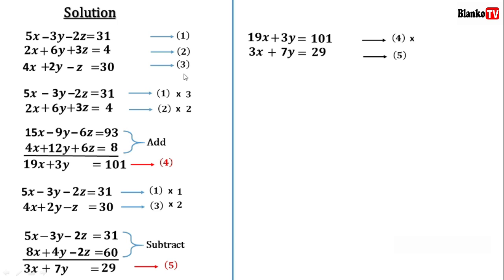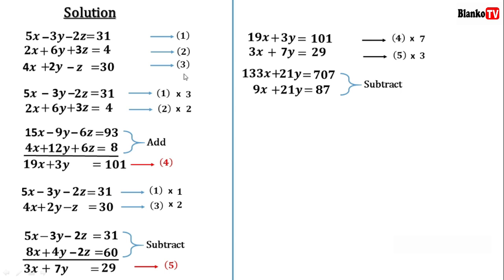So we multiply equation 4 by 7, and then we multiply equation 5 by 3. So when we do that, we are going to get 133x plus 21y equals 707, and then 9x plus 21y equals 87.